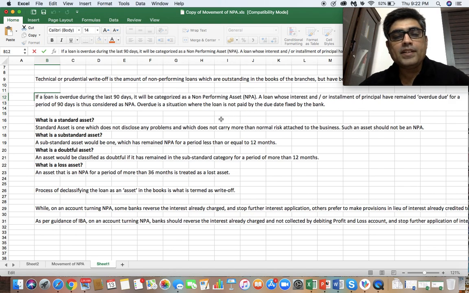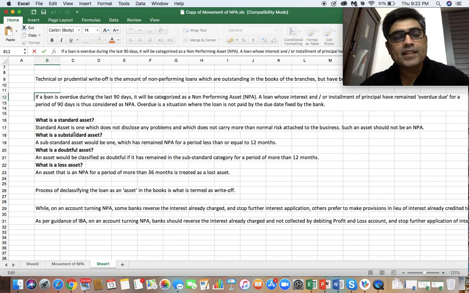Now, as far as banking norms, the classification of an asset means when the finance has been extended to the company, at that point of time it is classified as an asset in the banking books, right? So now there are two broader classifications to it. One is the standard asset and the other is non-standard asset.